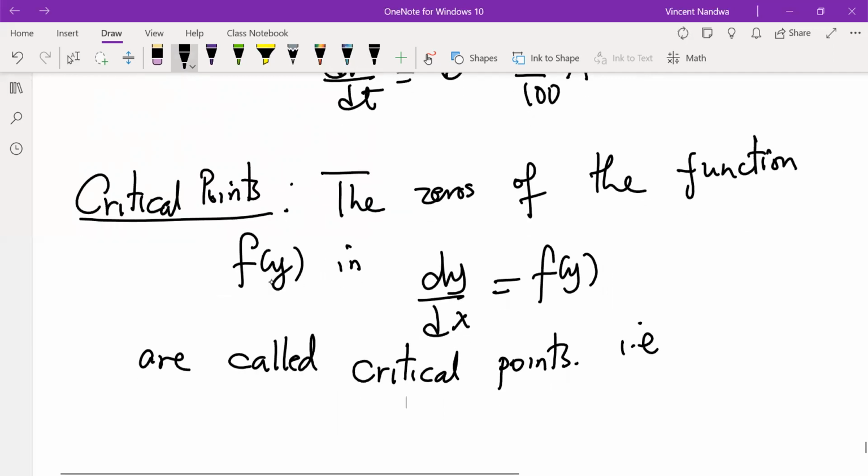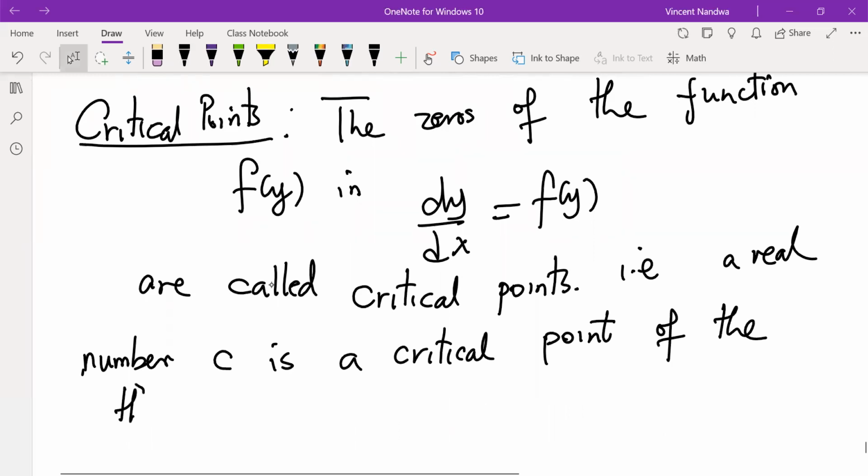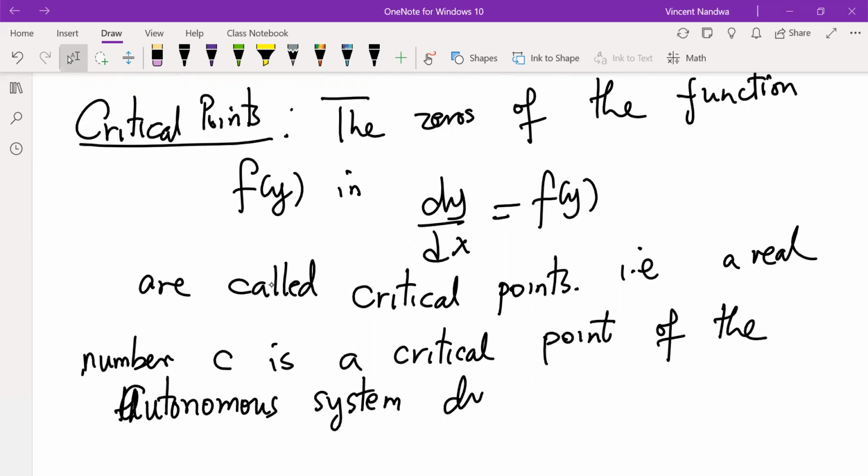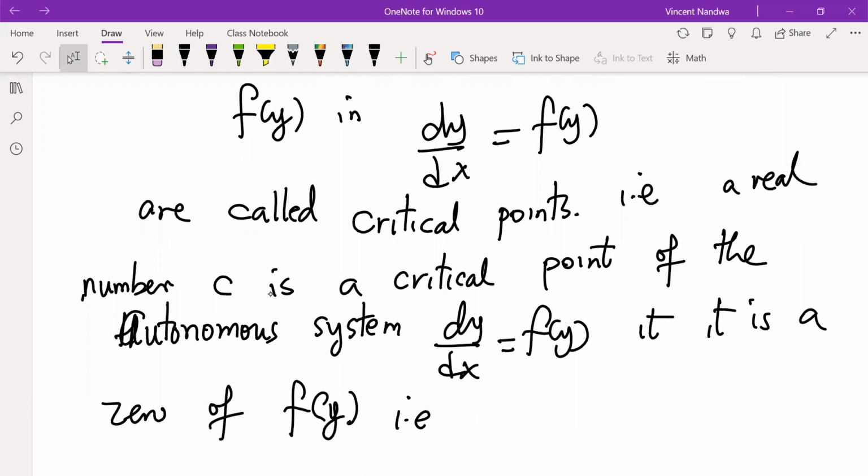That is, a real number c is a critical point of the autonomous system dy/dx equals f of y if it is a zero of f of y, i.e., if you put this c in f, you get 0.